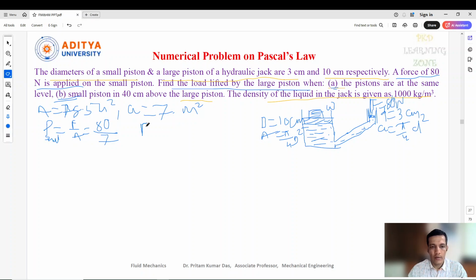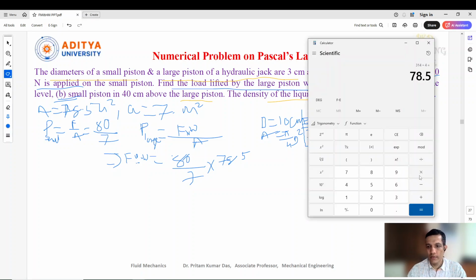Similarly, the pressure at the large piston side will also be the same, and here also we can write the load lifted on this side as force or W divided by A. So the pressure we got here, 80 by 7, into this area, 78.5.